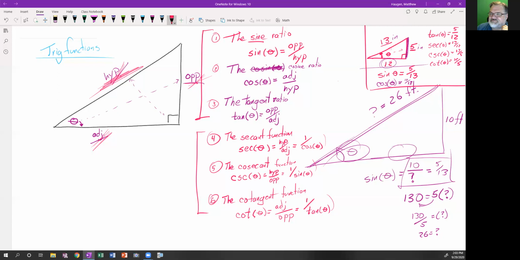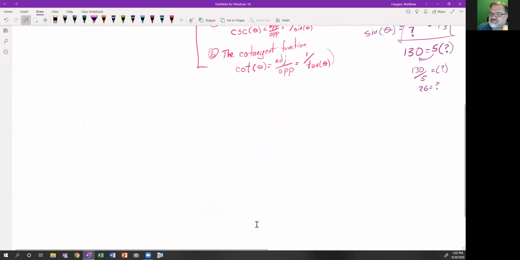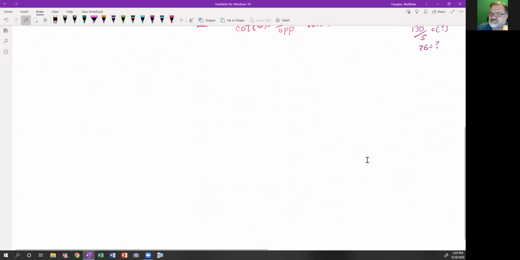One of the early types of problems that you'll be asked to do is if somebody gives you a triangle that is a right triangle, and you know side lengths on it. Say you know this is length 5, and this is length 7.